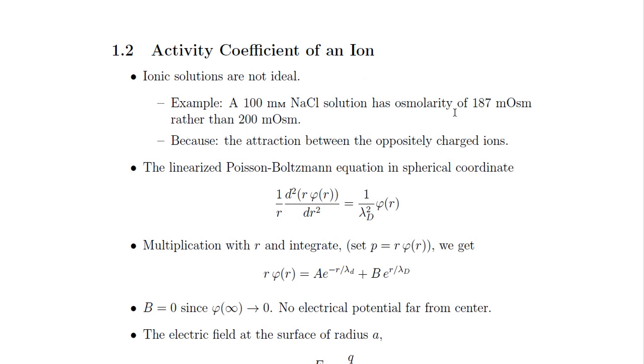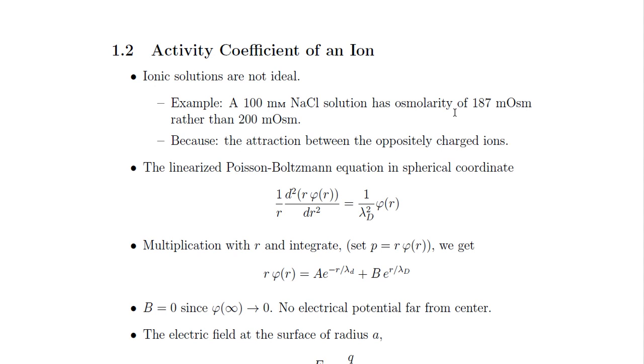Okay, so let's see the activity for one. Here what we can say is that ionic solutions are not ideal. So for 100 millimolar NaCl, the osmolarity is 187, which is less than 200.